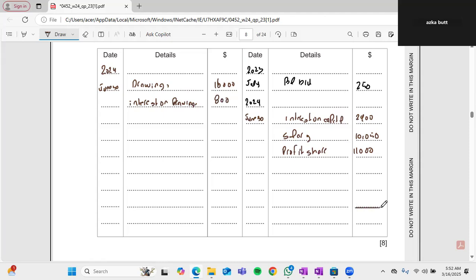So now what is the total on both sides? The credit side is the heavy side, which is equal to 23,700. Now deduct the debit side from it: 23,700 minus 16,000 minus 800. So this is equal to 6,900.